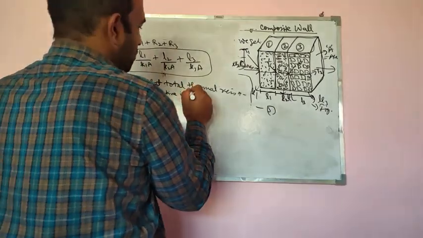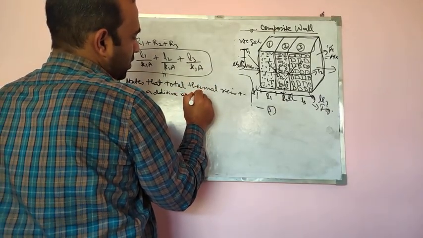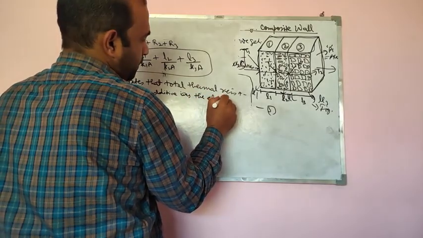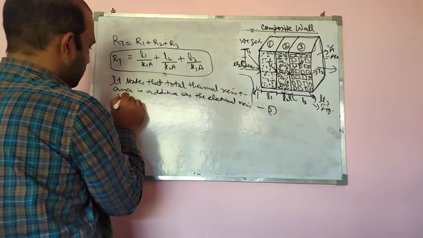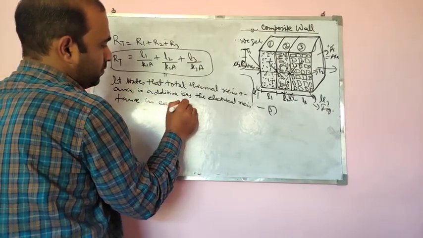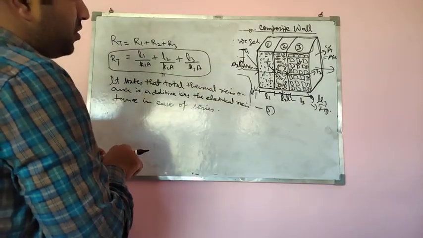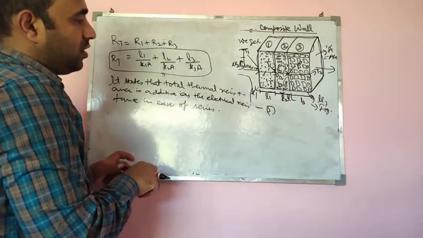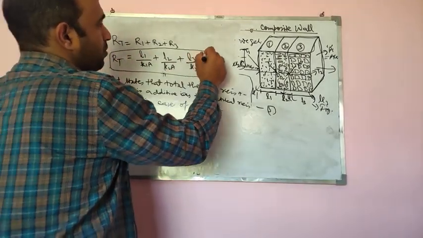as in the case of electrical resistance in series. In the case of electrical resistances in series, the electrical resistances are additive. Similarly, the thermal resistances are additive in the case of this composite wall.